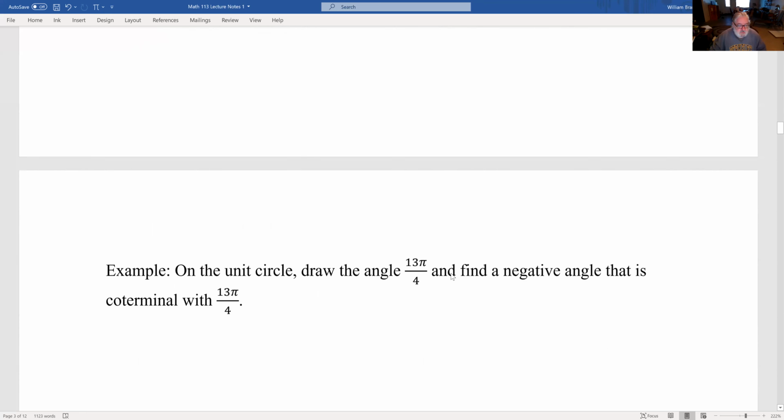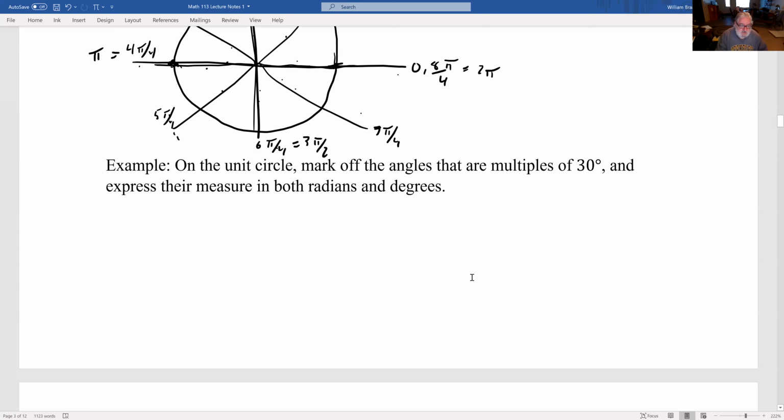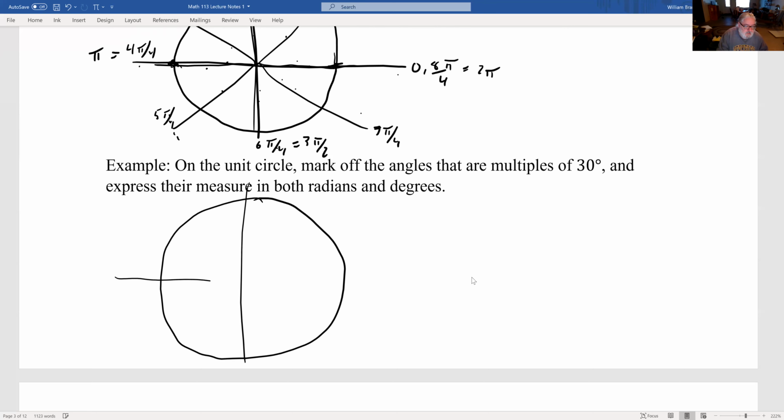30 degrees, oh, I should have left myself more space for this. Unit circle again. 30 degrees is 1/3 of 90 degrees. And we know 90 degrees is pi over 2. So what's 30 degrees in radians?